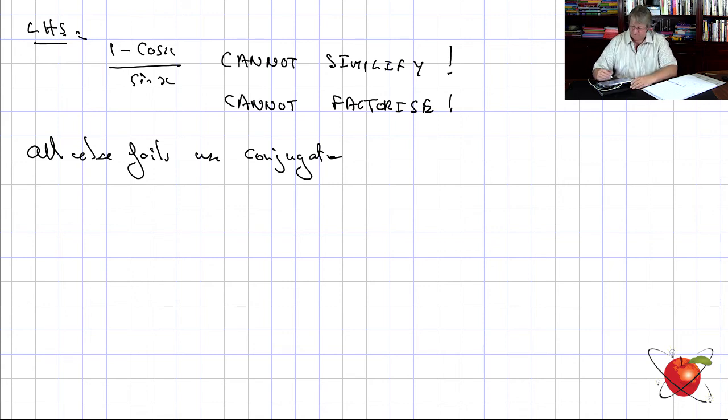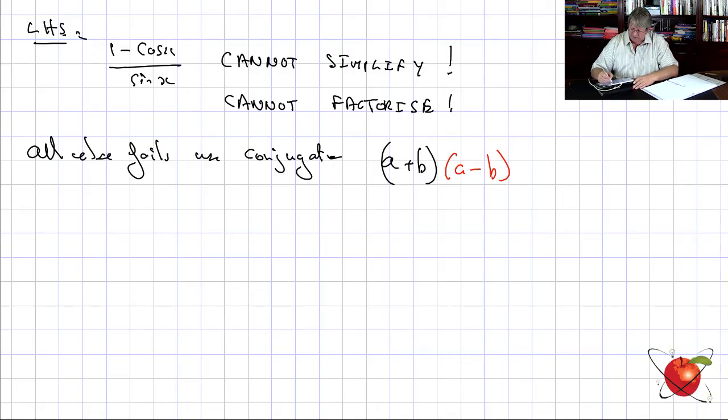The conjugate of A plus B is, and this is going to be such a revelation, A minus B. Why? You should recognize that it is actually the result of the difference of two squares. So the conjugate is the other part of the square, because that puts me back to a squared minus b squared. It's kind of completing the square, but not. So how do I find the conjugate?